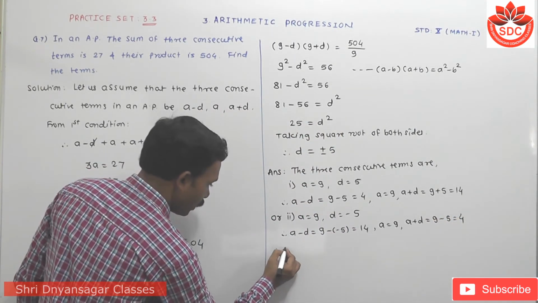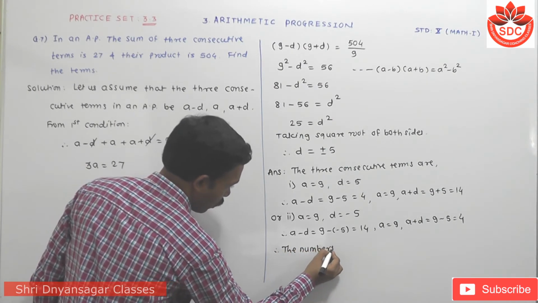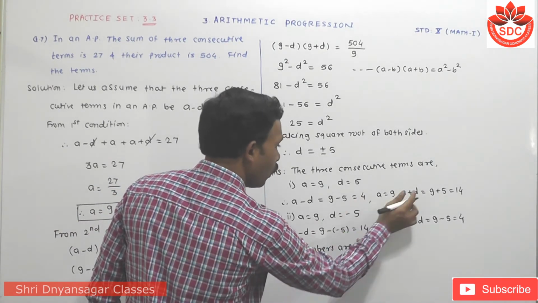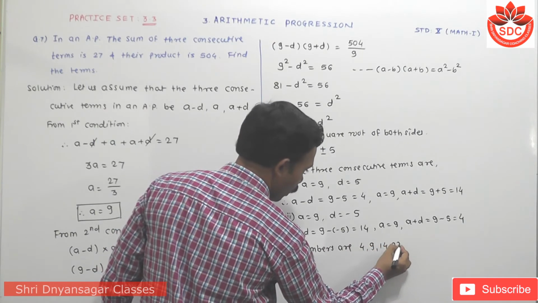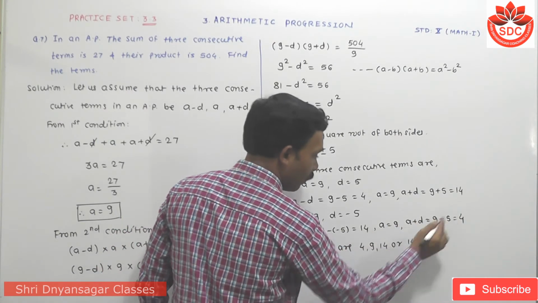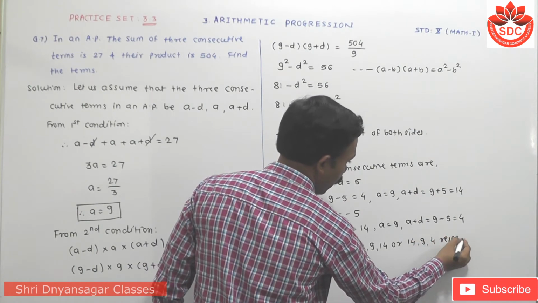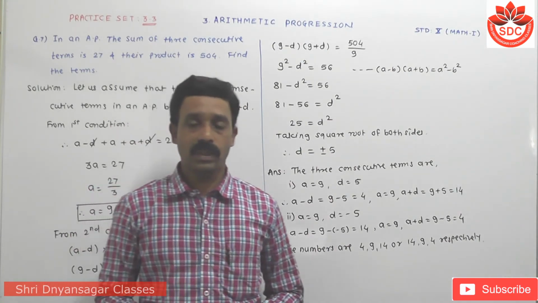Meaning the numbers are 4, 9, 14 or 14, 9, 4 respectively. Can you understand this? Very very important question. We take the next question.